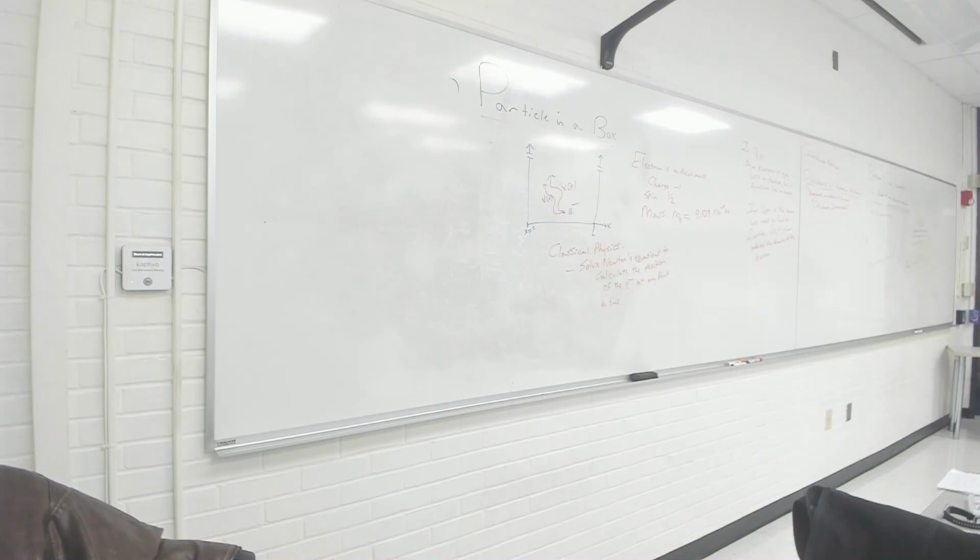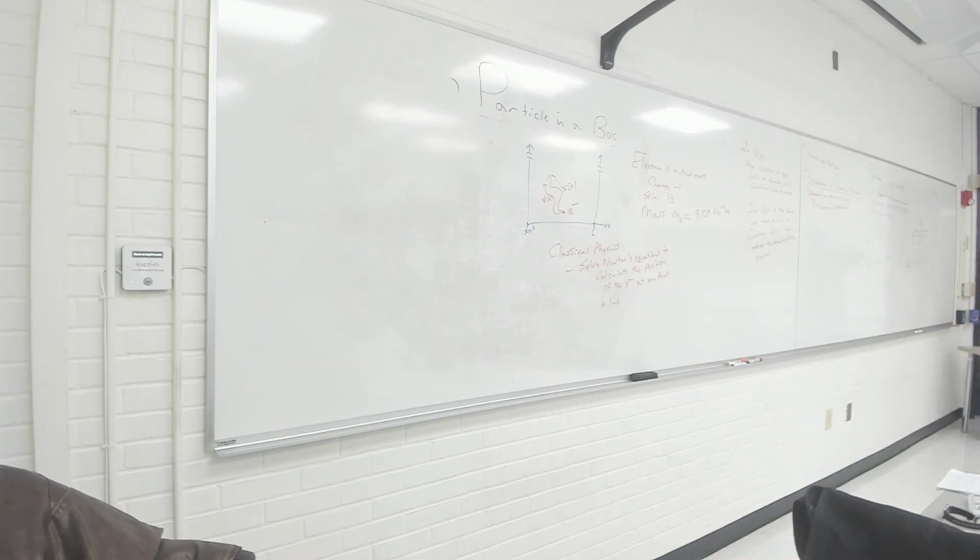All right, so the probability is determined by the square of the wave function. Okay, so what that means is that the probability of finding the particle between 2 points x and y is going to be the integral from x to y of psi squared dx. Okay.